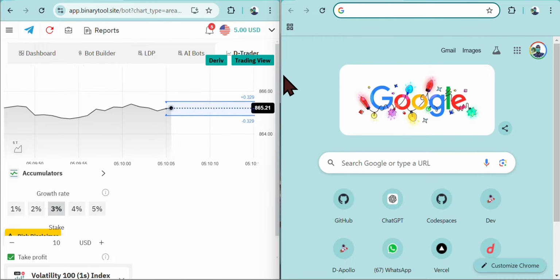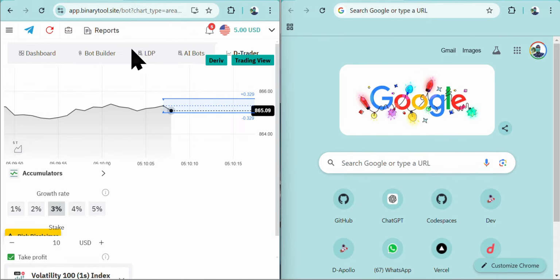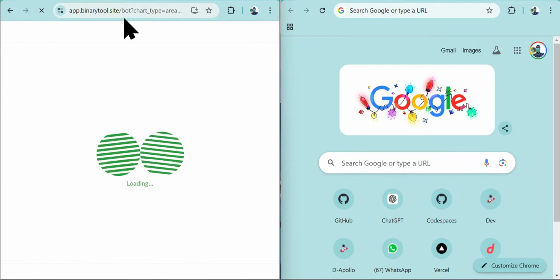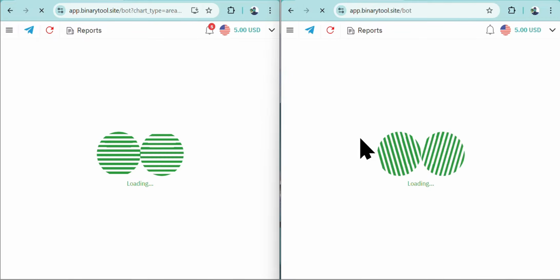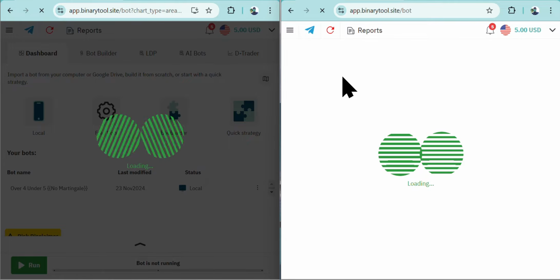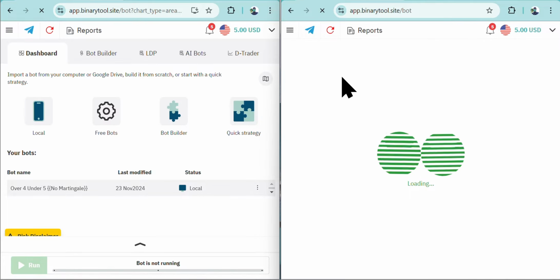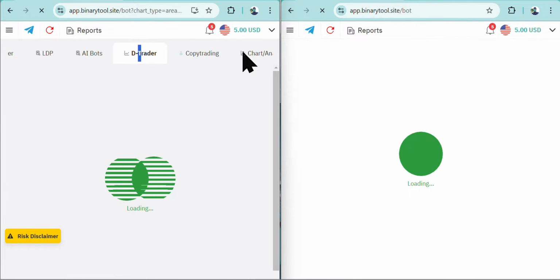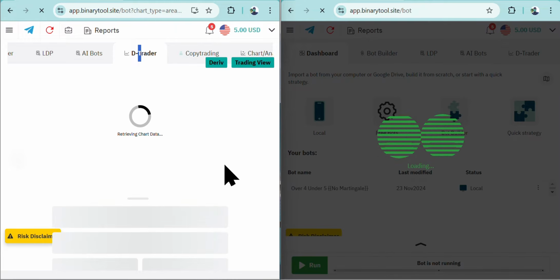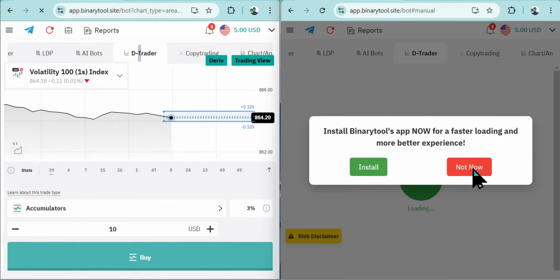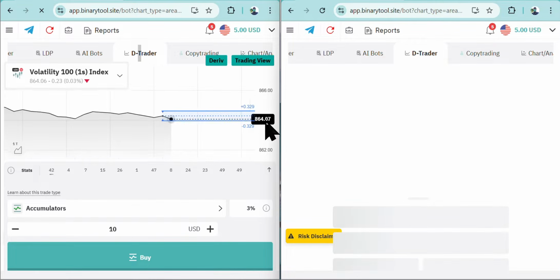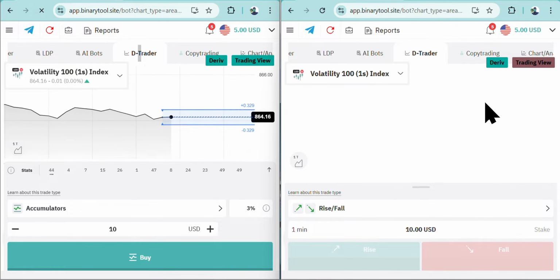I'm also going to log in, so let me refresh the accumulators on this other screen. Going back to DTrader. This side we're also going to DTrader.